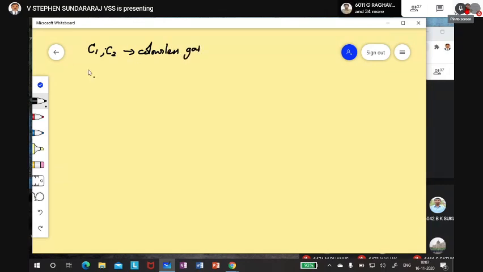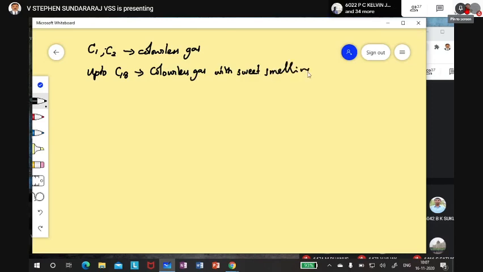Carbon three up to carbon 18 are again colorless, with a sweet smell, and they are liquids.